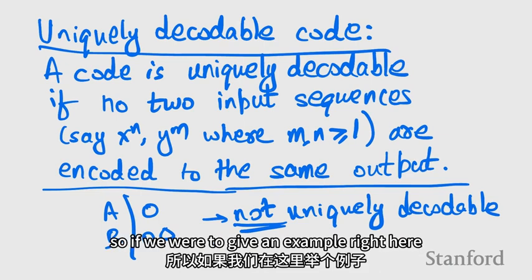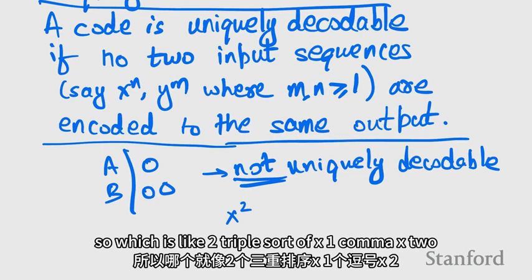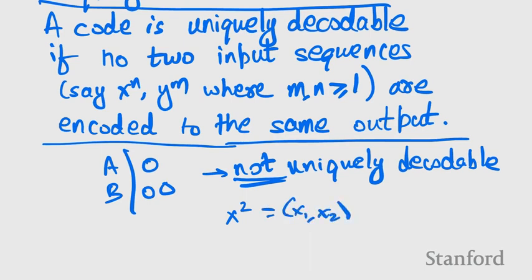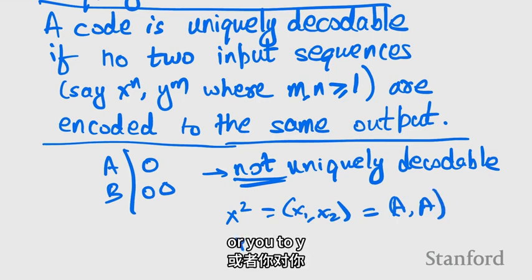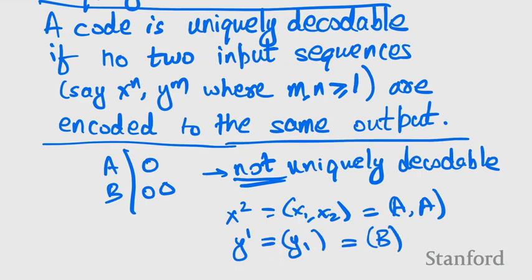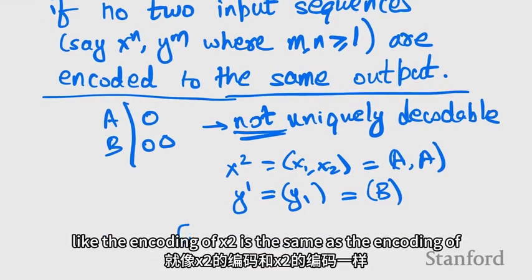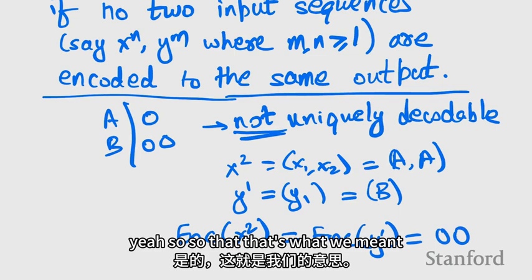If we were to give an example, if you take X2, which is a two-tuple, X1 comma X2, which is A comma A, or you take Y1, which is just a single input, which is B, then you can see that the encoding of X2 is the same as the encoding of Y1, which is 0, 0. So that's what we meant.